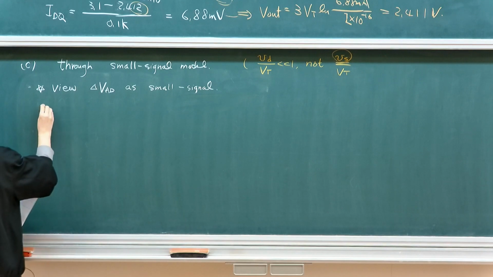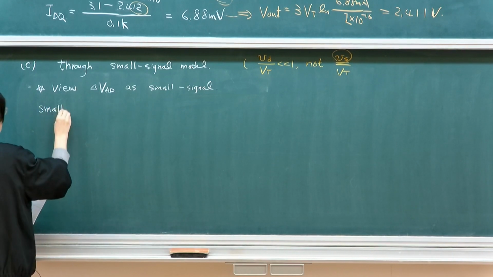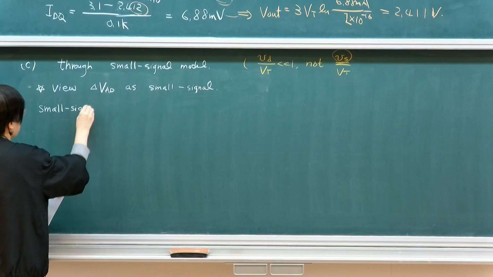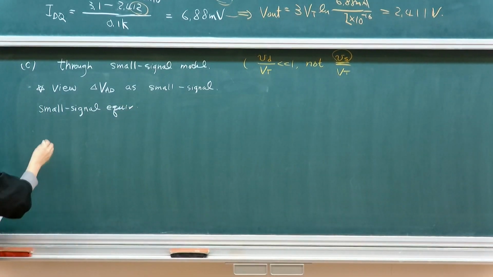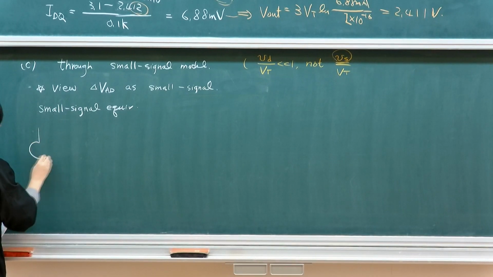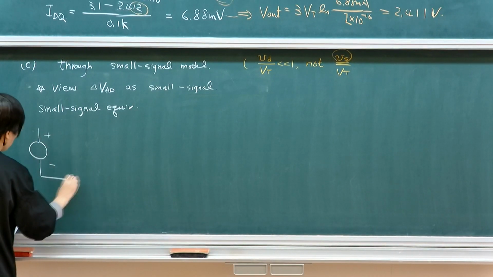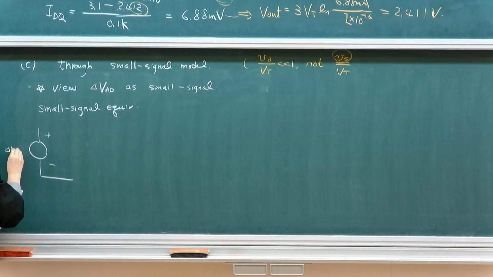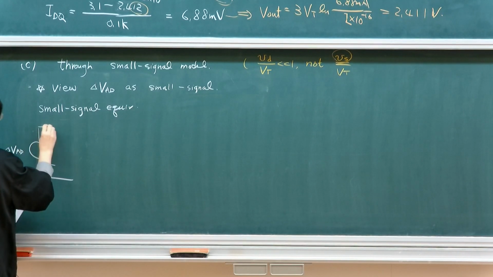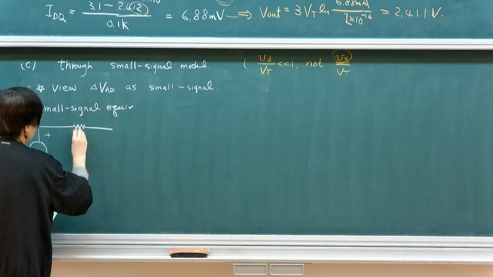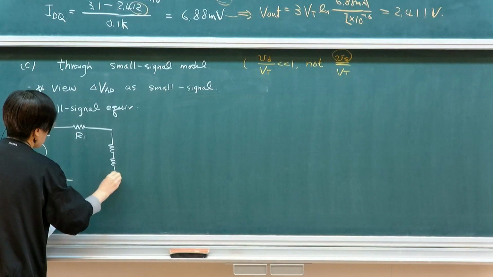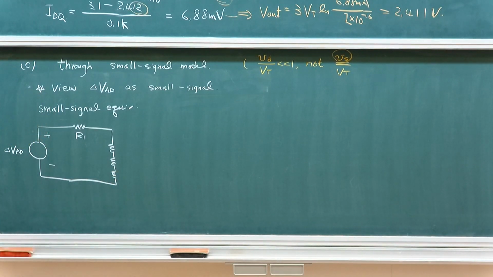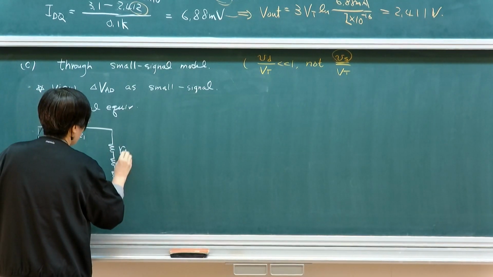Then you can draw the small signal equivalent circuit. It will look something like this. I'm only having the small signal, so this will be my delta VAD, and then there's the R1. Then I have 3 diodes in series, but I'm going to model them with a resistance, so this will be RD, RD, RD.